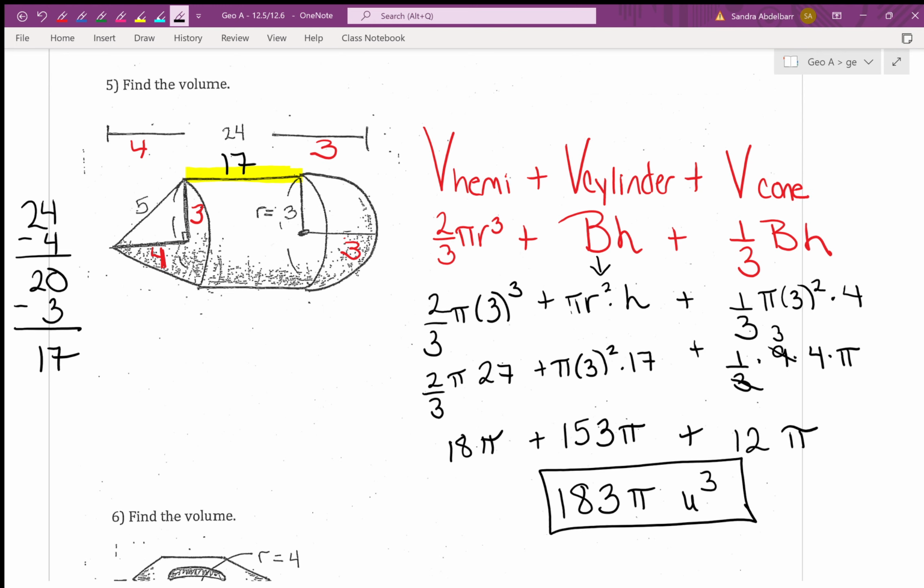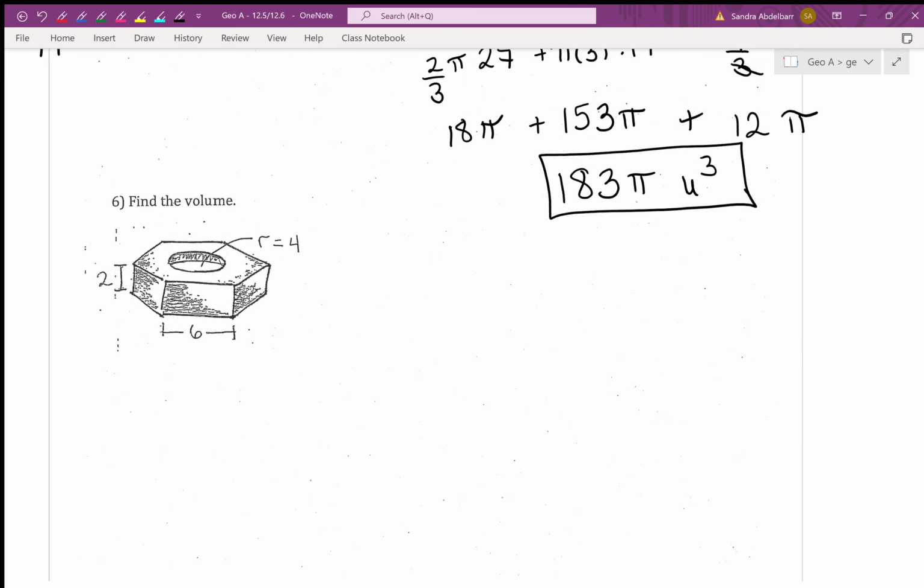We ready? All right, find the volume. This is much better than surface area, I'll tell you that. This was a prism, right? This was a hexagonal prism, and what was scooped out of it? A cylinder. Very good.